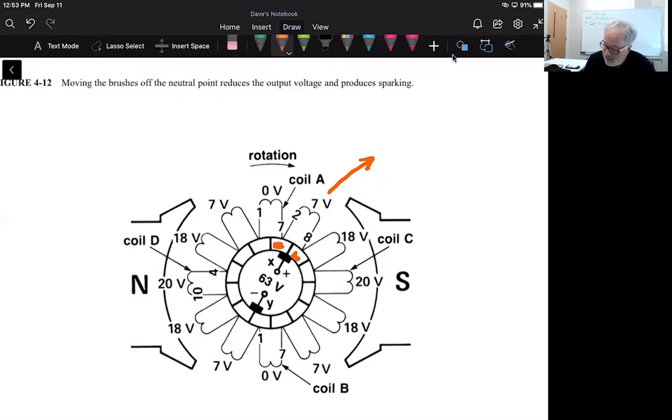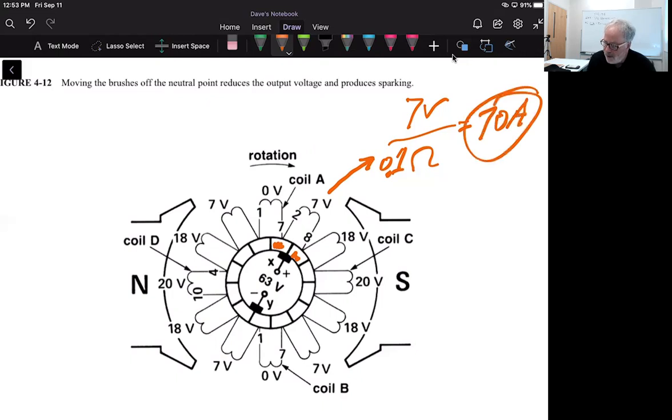Let's say the resistance of the brush and the commutator segments is really very small, almost unmeasurable, say 0.1 ohms. Even in that situation, 7 volts divided by 0.1 ohms would give us 70 amps across there.